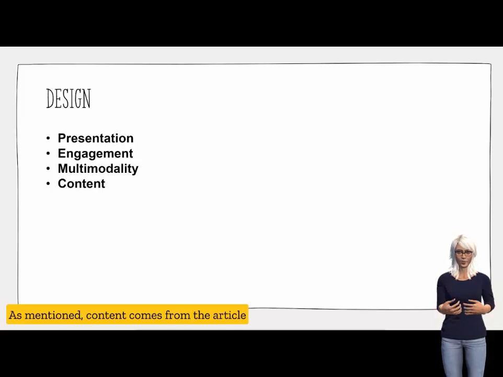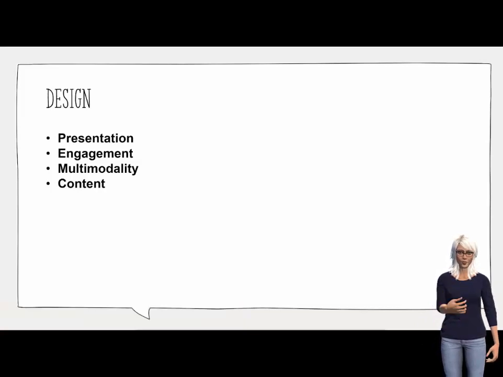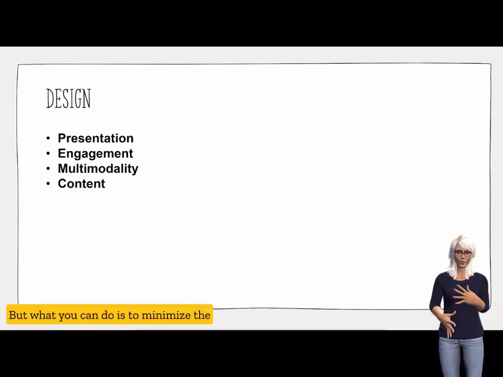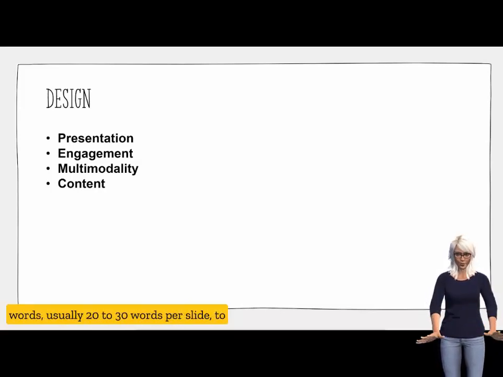As mentioned, content comes from the article you are reviewing for your current practice. However, in the future, it may come from your own work or a project you are involved in. You certainly cannot simply present every word you'd like to say on PowerPoint, but what you can do is to minimize the words, usually 20 to 30 words per slide, to highlight the key points for your audience.